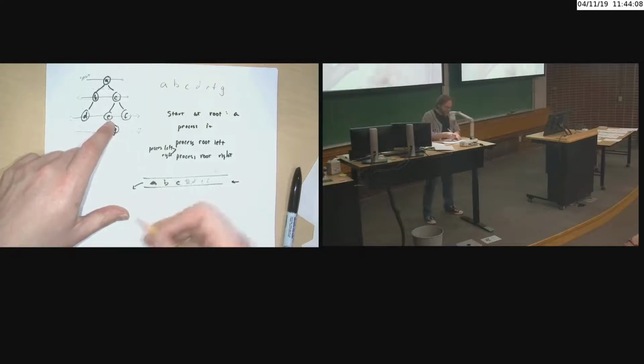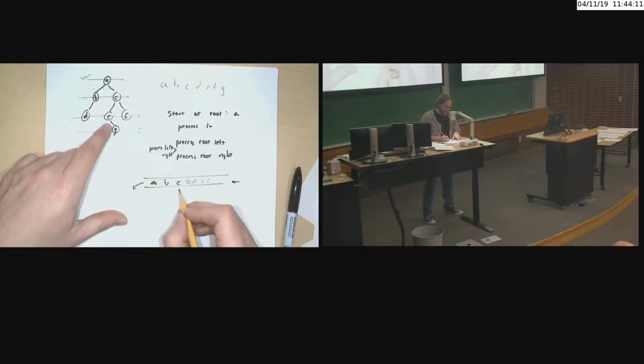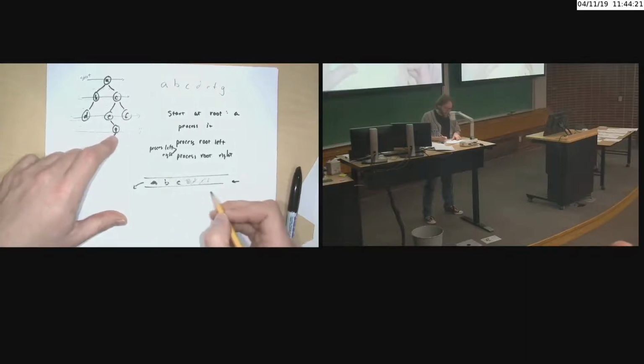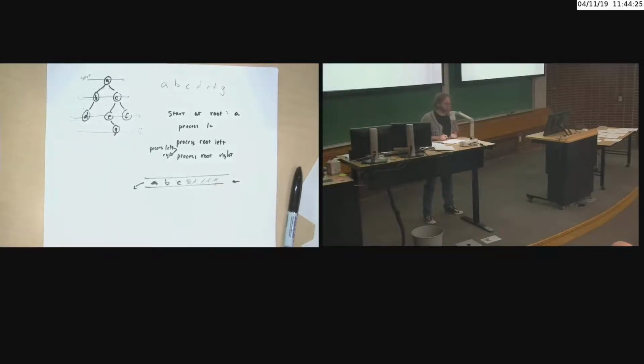I did D, but there's no left child. There is no right child. And so what's left? D should have been over here, right? Oh no, D is over here. Then I enqueue E and F, and then take care of E, but enqueuing G, take care of F, and then G is done. Right?